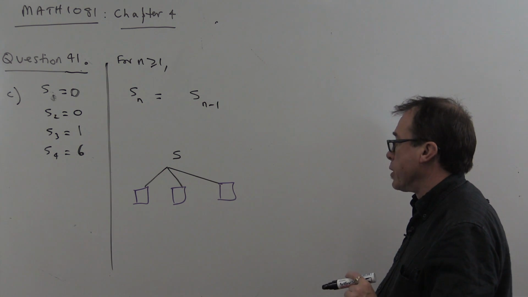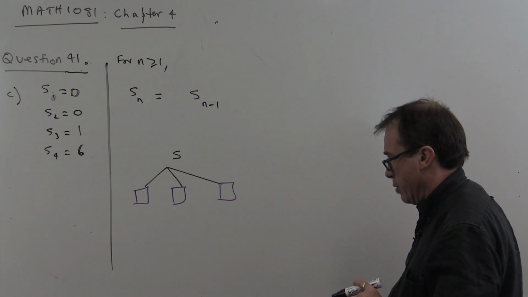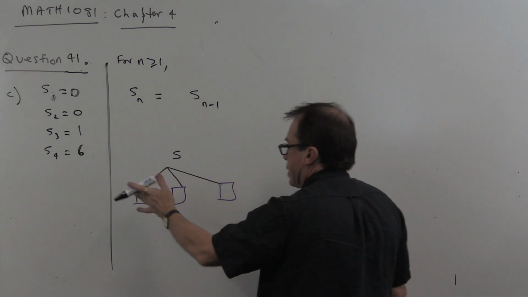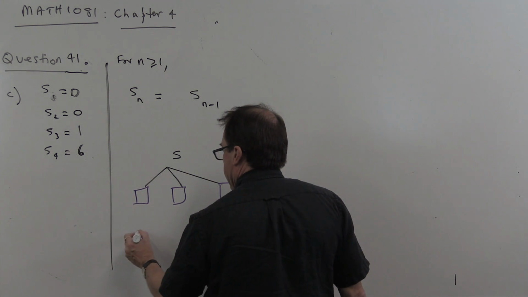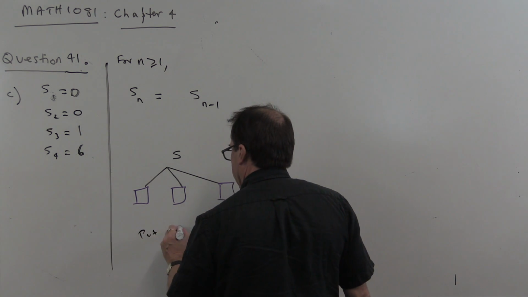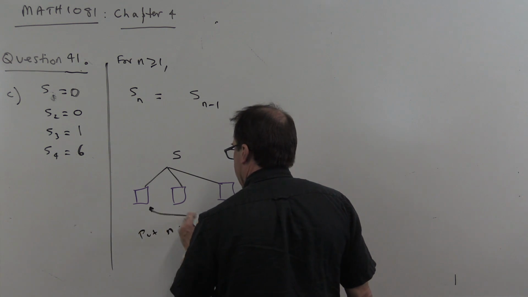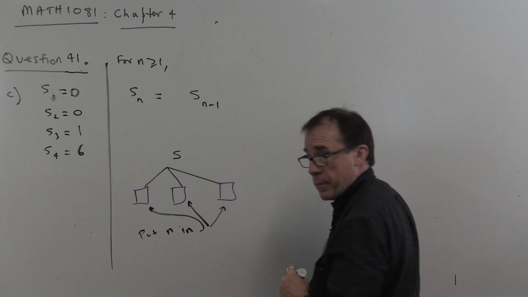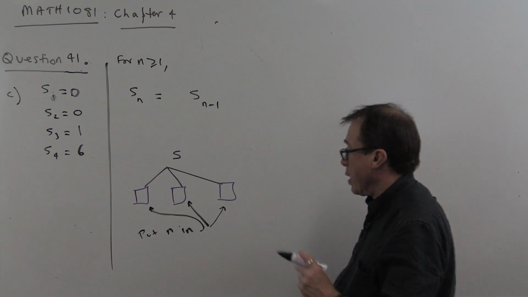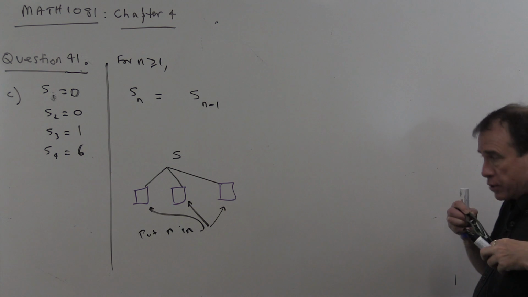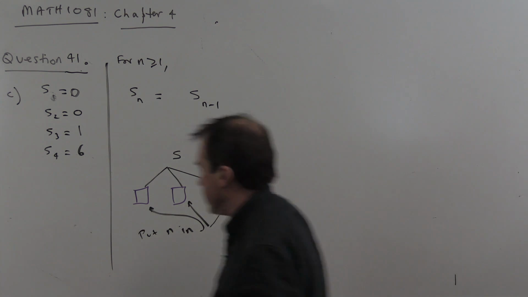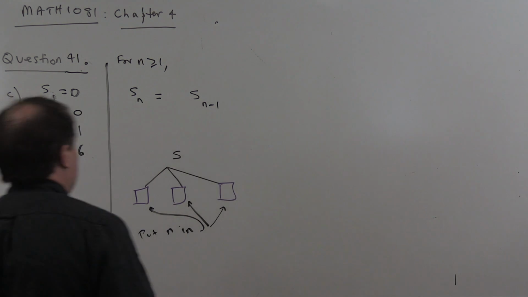And now I want to put the number n in somehow. So the number n has to get placed somewhere in here, and I can just place an n in either there or there or there. And I've now split up the numbers from 1 up to n into 3 disjoint subsets. So that's one way of doing it.